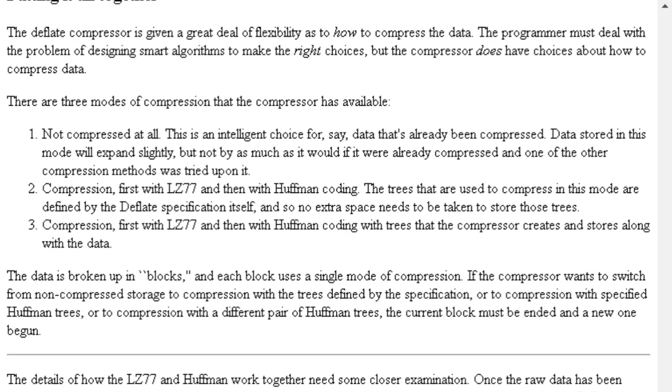There are 3 modes of compression that the compressor has available. 1. Not compressed at all. This is an intelligent choice for, say, data that's already been compressed. Data stored in this mode will expand slightly, but not by as much as it would if it were already compressed and one of the other compression methods was tried upon it.